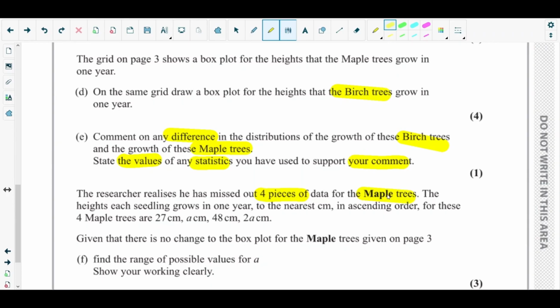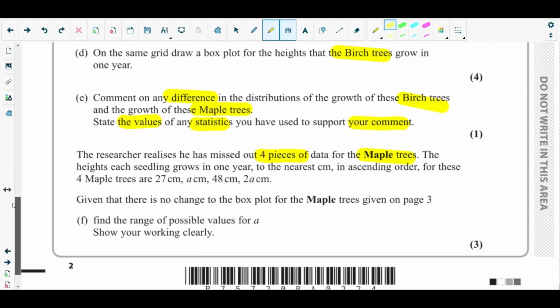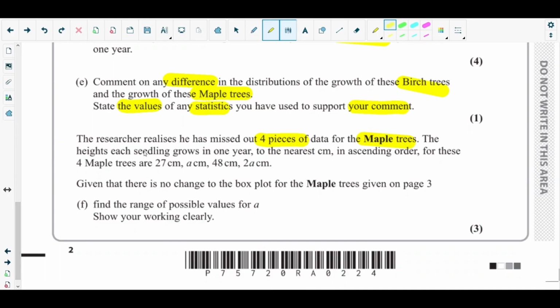The heights each seedling grows in 1 year to the nearest centimeter, in ascending order, for these 4 maple trees are 27 centimeter, A centimeter, 48 centimeter, 2A centimeter. Given that there is no change to the box plot for the maple trees given on page 3. So due to these 4 missing data, the box plot of maple trees is not changing.